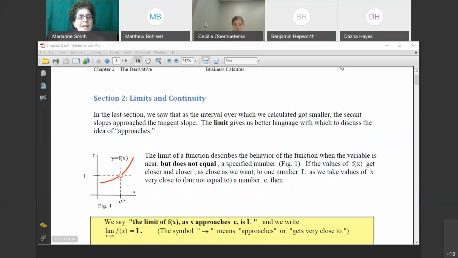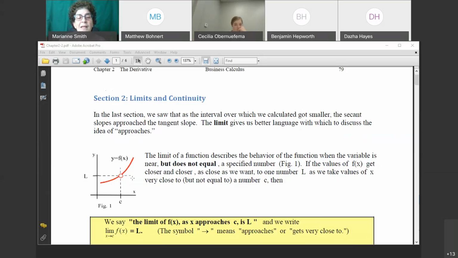The x value c here, on the horizontal axis, gives us an idea of, well, we can move along the red line towards this x value c, and if we do it from the left-hand side, you can see the y value gets closer and closer to the value L. Likewise, if we move closer and closer to this x value c from the right-hand side, you can see that the y value is also getting closer and closer to the value L.